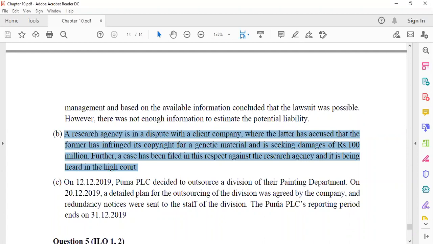What is the requirement? Considering the situation, just give it a try. Inform your answer.